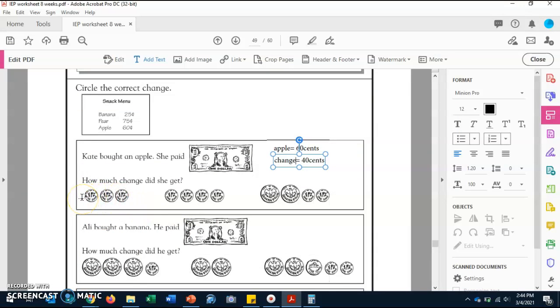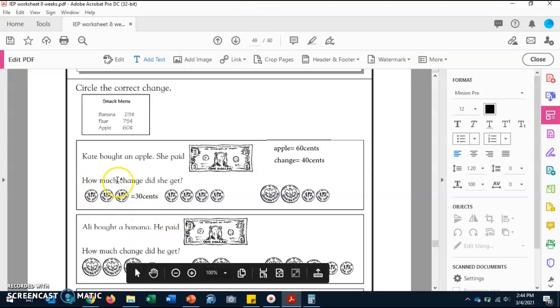So we would count 10 cents, 20 cents, 30 cents. So this is equal to 30 cents. However, is this the answer we found over here? No, it's not. Good job. So this is not our answer.